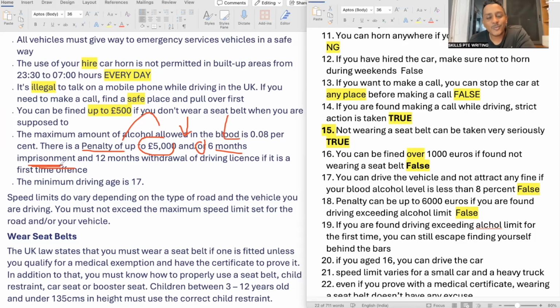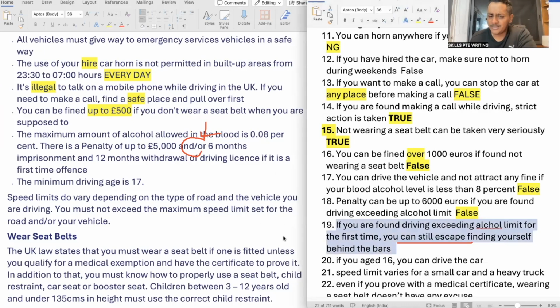Means there is at least one possibility where you pay 5,000 and still go home. Or if you consider that and/or possibility, it can be either 6 months of jail or you pay 5,000 and go away. Because of this and/or, you can still escape finding yourself behind the bars if you just pay 5,000 euros. This is true.